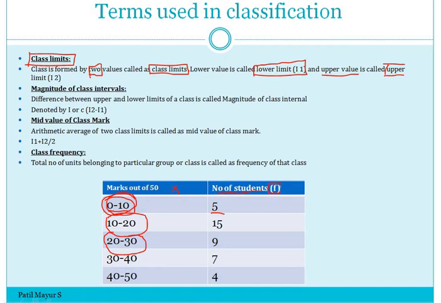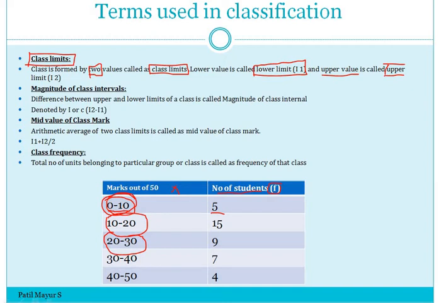F stands for frequency. Now this 0 to 10 is one class, or it is called a class interval. This class interval is formed by two values, first value and second value. The first value here is 0 and the second is 10, or lower value is 0 and upper value is 10.